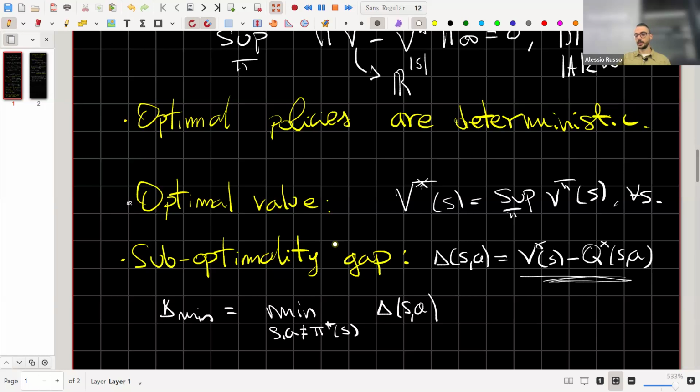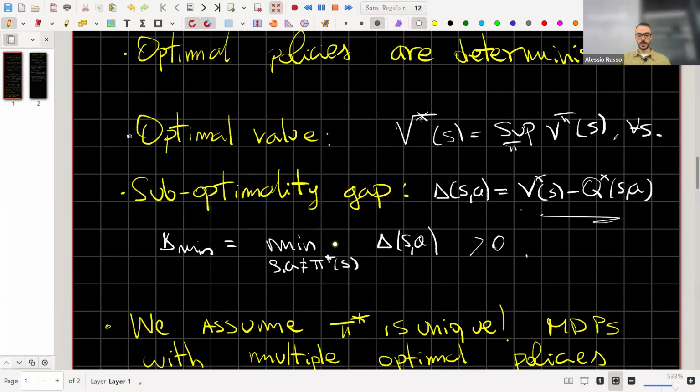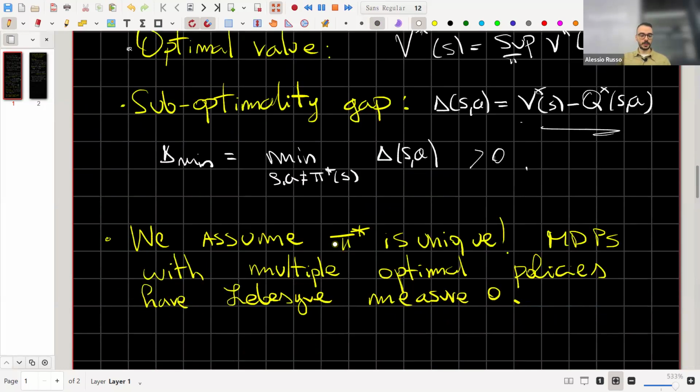So obviously, if action A is optimal, this quantity will be 0. If action A is not optimal, this quantity measures how far we are from optimality. And we can also define what is the minimum suboptimality gap. And this quantity will be non-zero if there is only one unique optimal policy. Okay. So in the following, we will make the assumption that pi star is unique for simplicity.